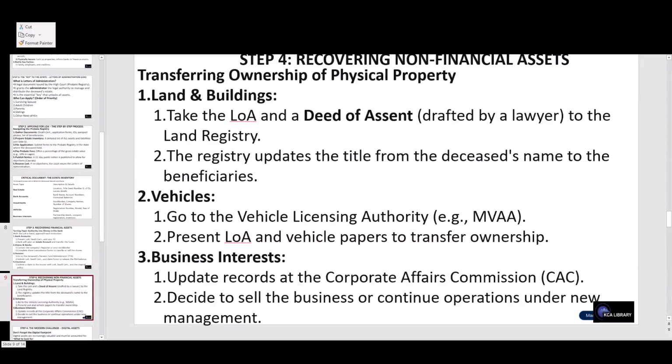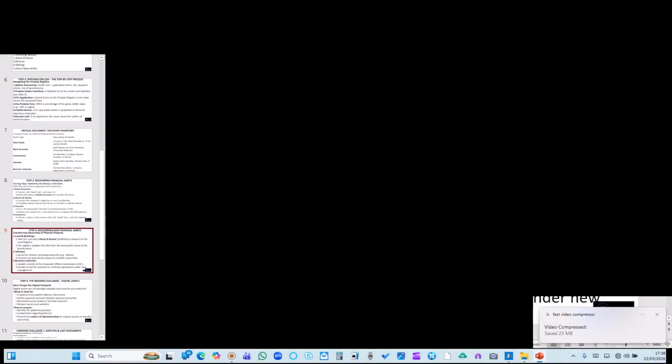Let us look at step 4, recovering non-financial assets, that is transferring ownership of physical property. For land and building, take the letter of administration and a deed of assent, prepared by the lawyer, to the land registrar. Then the registrar updates the title from the deceased's name to the beneficiary.